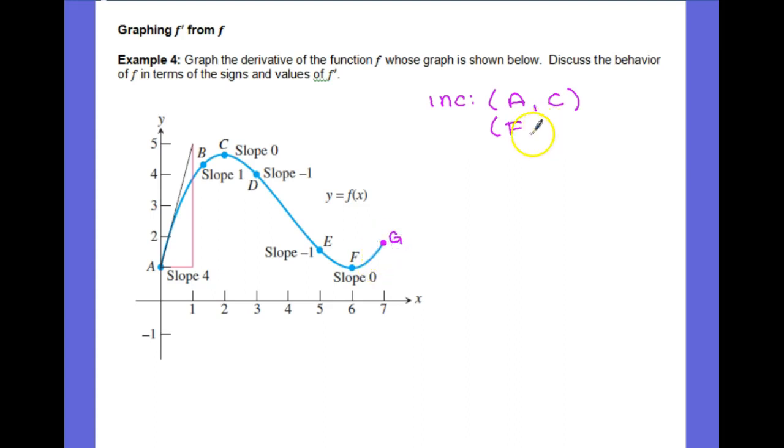We'll call it G just to give it a name. So it's increasing from A to C. Therefore, if it's increasing from A to C, F prime from A to C is what? Perfect.